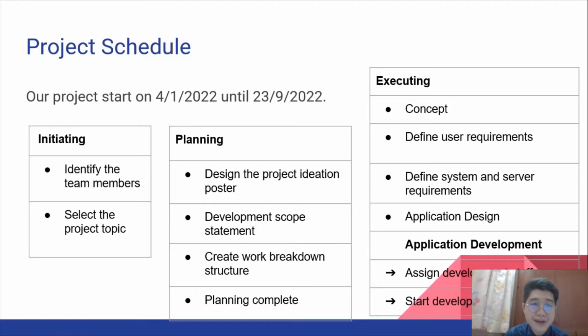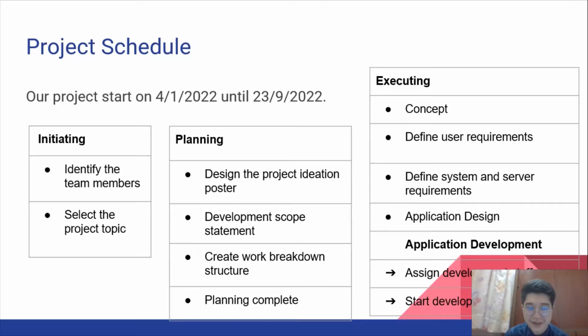Our project starts on 4 January 2022 and runs until 23 September 2022. The first step is initiating, which includes identifying the team members and selecting the project topic. The next step is planning: design the project orientation poster, write the scope statement, create the work breakdown structure.